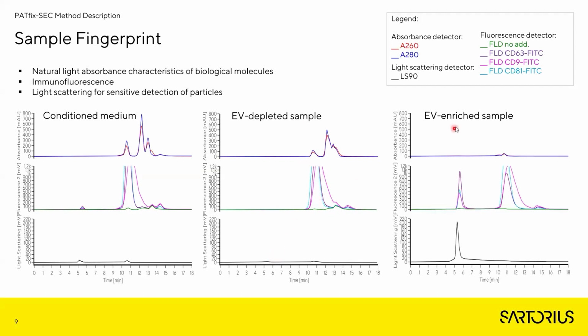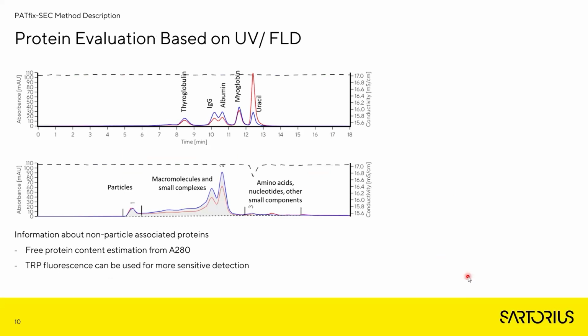At the end, we have an example of EV enriched sample in which we can observe that proteins are largely removed, while we have a large amount of particles, so we can really already visually observe the enrichment of this fraction. I would like now to go through the analysis step by step.